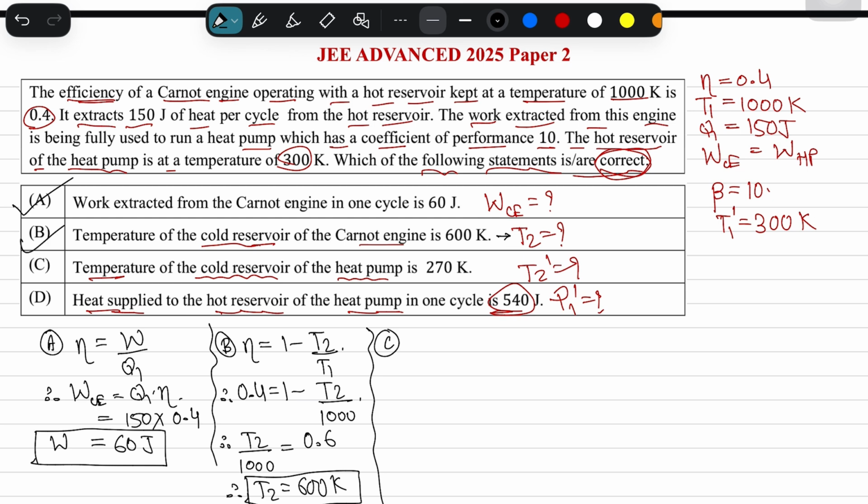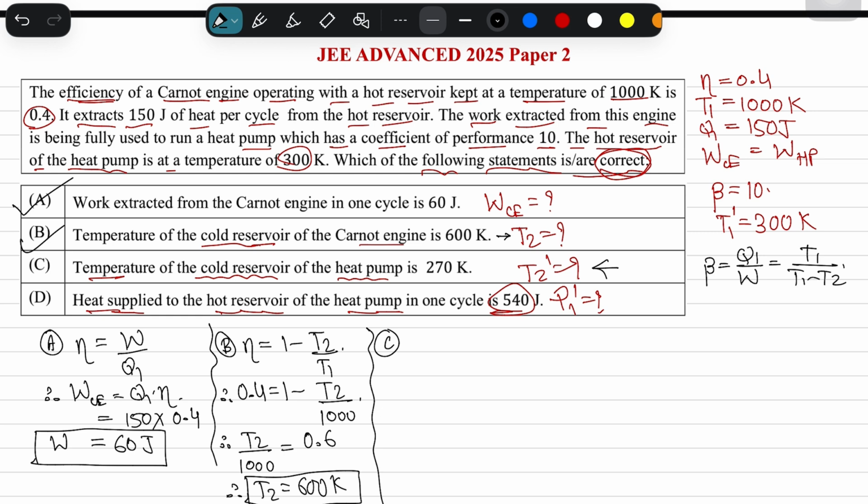Now the third option. It asks us to find the T2 dash value. Now mind well, the formula of beta. We are taking the formula of beta, that for the heat pump it is always Q1 divided by W, which is equal to T1 divided by T1 minus T2.